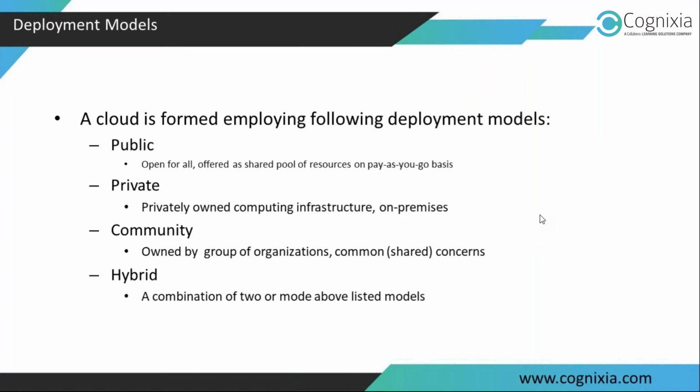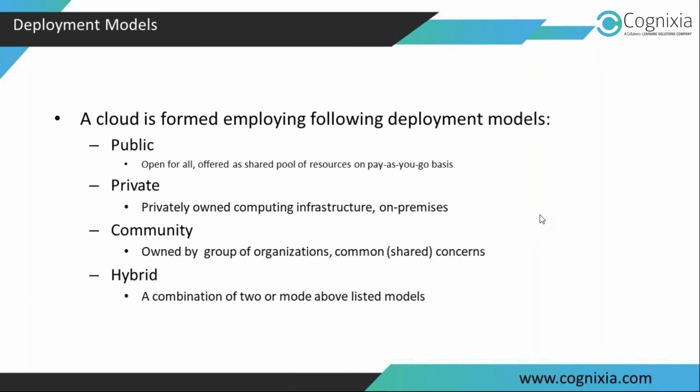Out of these four, among public cloud platforms, there are two which are leading: AWS from Amazon and Azure from Microsoft. Now, one of the deployment models which is highly relevant to IoT is obviously hybrid, a combination of these two.